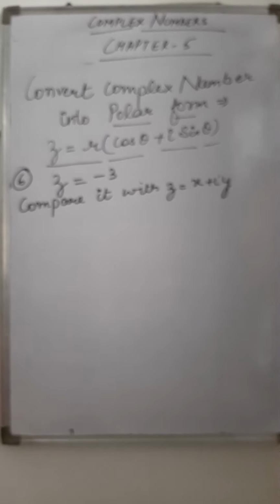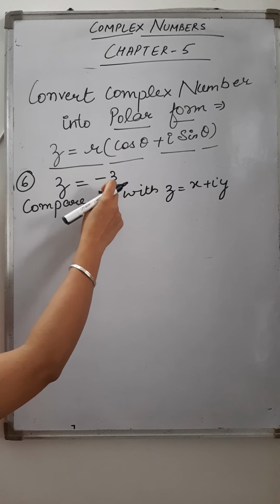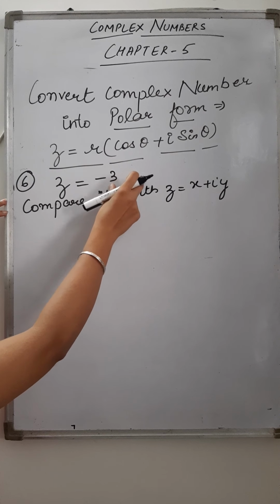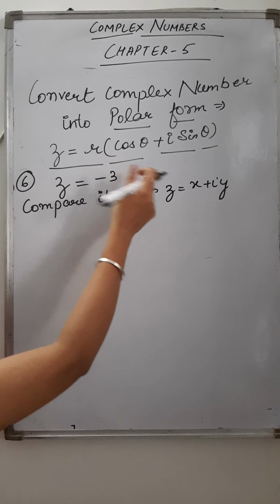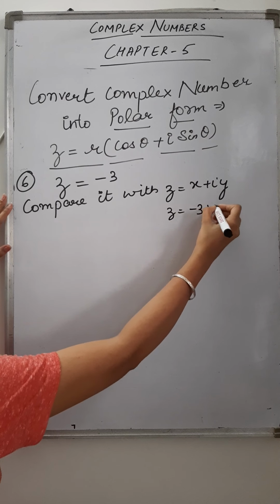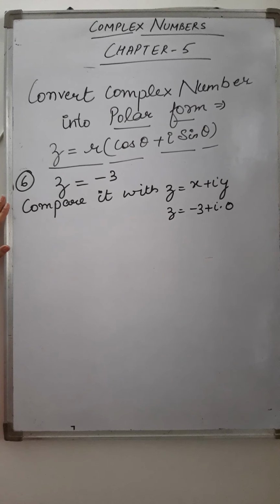Here z is equals to minus 3 only. There is no imaginary part, because we can represent z is equals to minus 3 plus iota into 0. So y is 0.